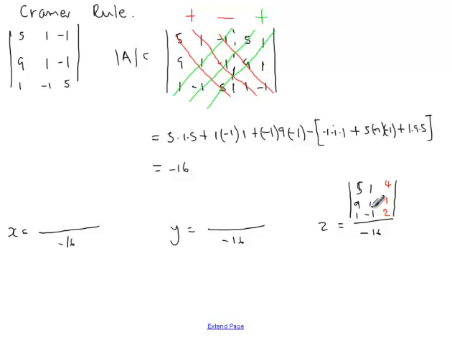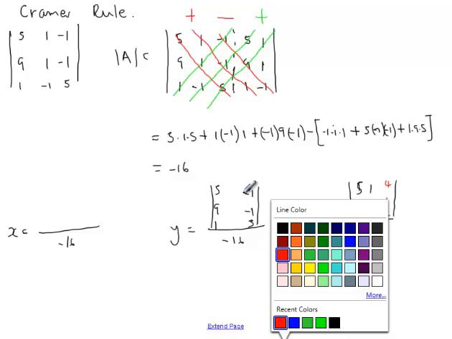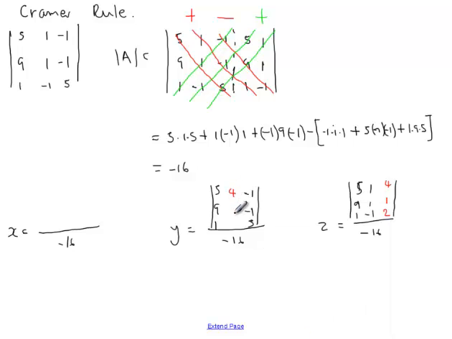Everybody knows how to calculate that determinant, is it? Yes. Then, coming here is 5, 9, 1, minus 1, sorry, minus 1, 5, because remember I want to indicate our input in a different color.